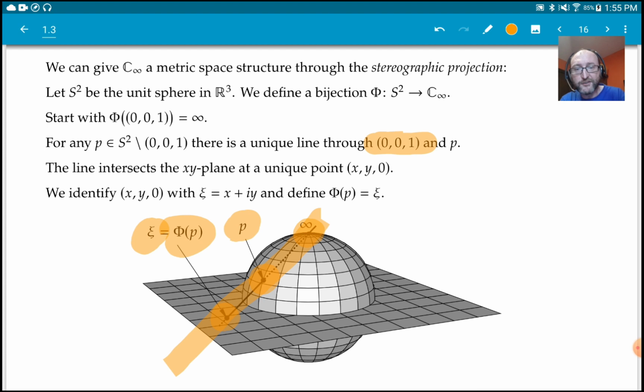And you can go the other way around. If I have any point on the plane, I can draw a straight line, and maybe it takes a little bit of geometry, it will intersect the sphere, so it is a bijection. It's a nice bijection.